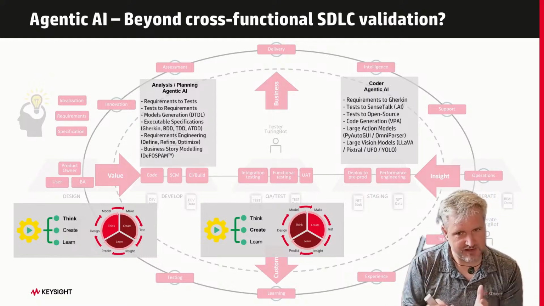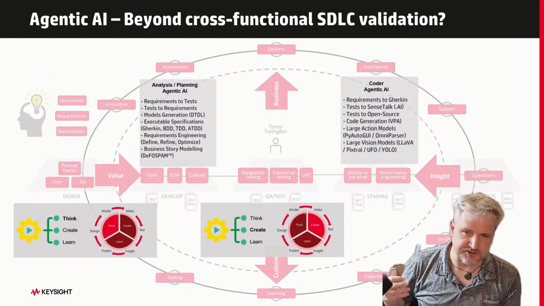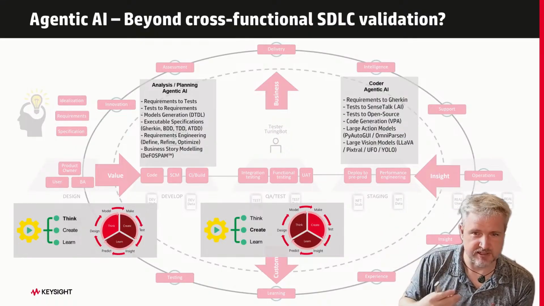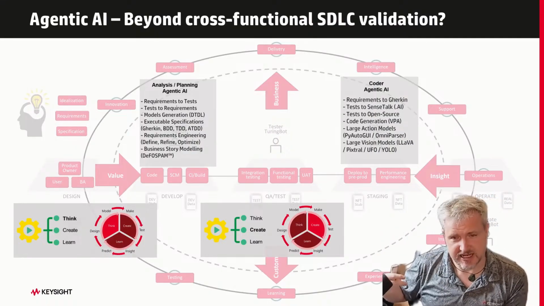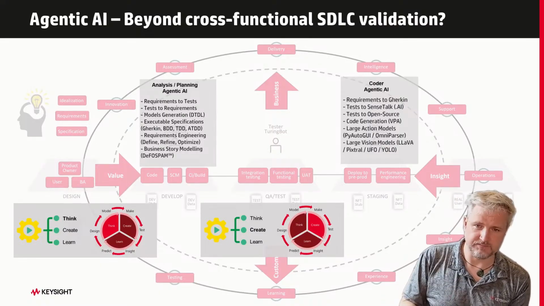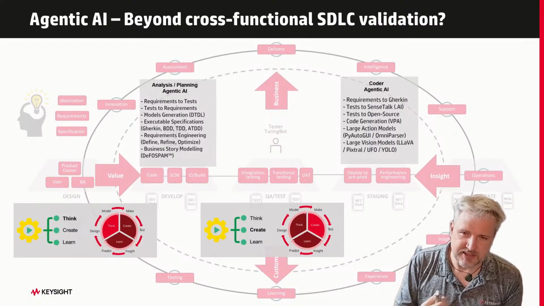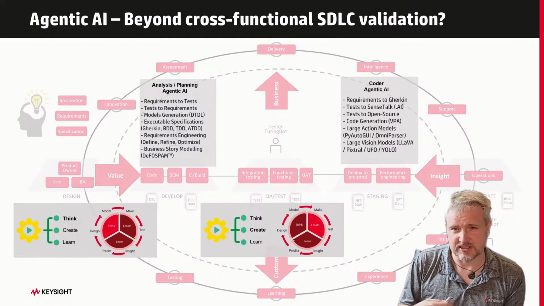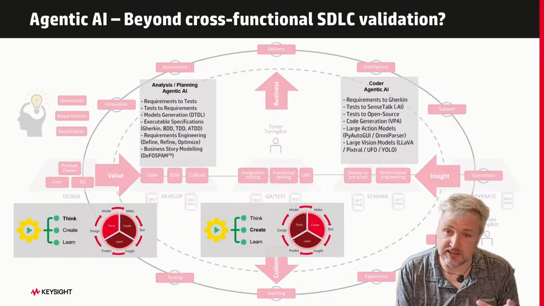So we thought, well, this is amazing. We can generate our SenseTalk scripts. And way before MCP came on the world, we could fine-tune a model to be able to create tests in SenseTalk and run them. Now, that's great. But the next step, once you've got that code, is that it needs to be able to understand and learn, a bit like the bees.